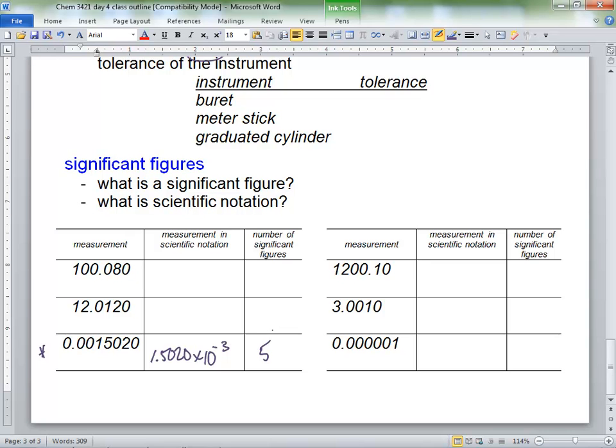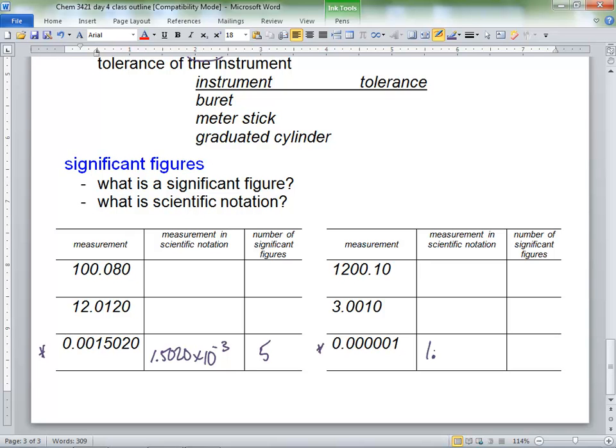How about this last one? If you write in scientific notation, it's going to end up being 1. There's no 0 here. So you're going to move the decimal point over here and write down what you have. You don't even really have to write the point.